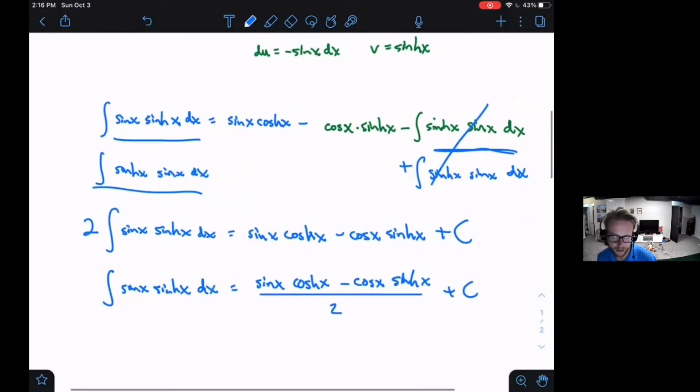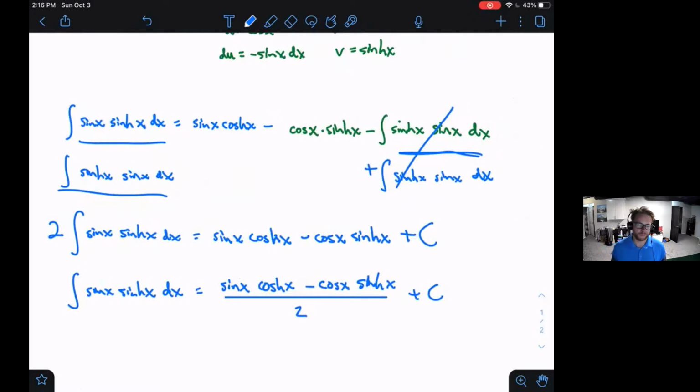And we have plus this constant. And you may ask, why don't you divide that c by 2? Well, it's a constant, we don't know what it is. Technically it has changed, but it's still just a constant. If before it was 5 or something like this, now it would be 2.5. But again, we didn't know what it was either way. And so it's still just plus some constant. That's why we just leave it as plus c. So this right here is going to be our final answer.